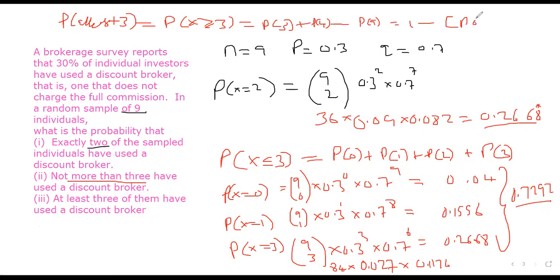So probability of 0, probability of 1, probability of 2. We don't add the 3. So this one is probability up to 3, and we just remove one of them, 0.2668. So here we're going to get 1 minus 0.4624.